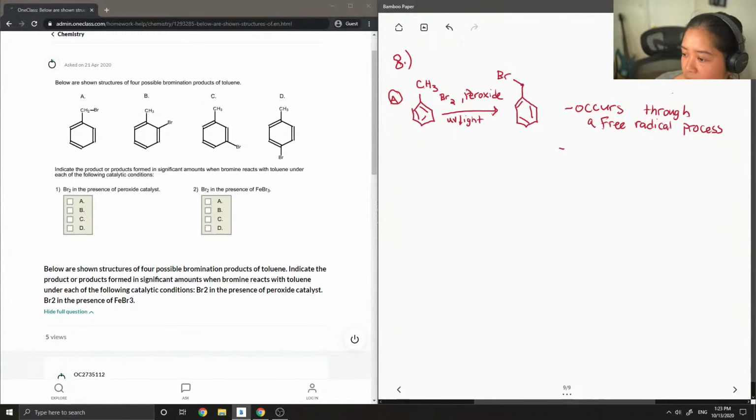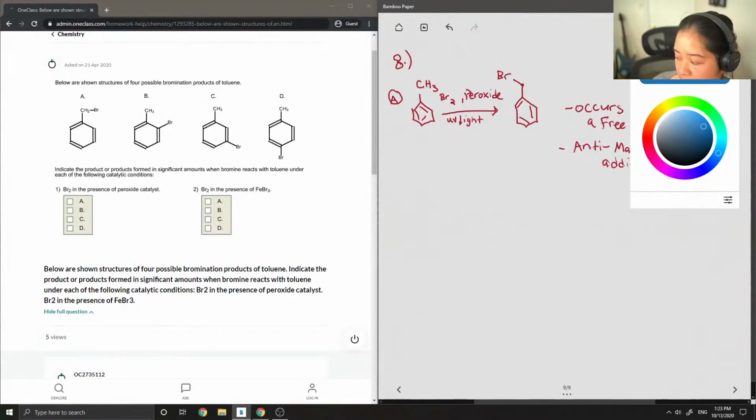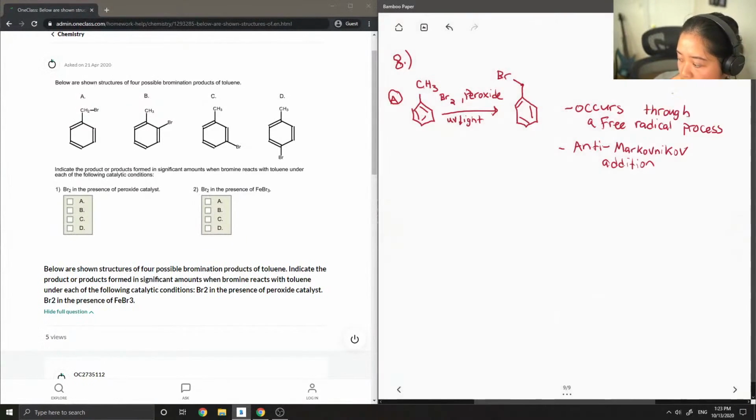And what's cool about this reaction is that the bromine is attached to the carbon that is least substituted. So we call this anti-Markovnikov. Just label this as benzyl bromide.